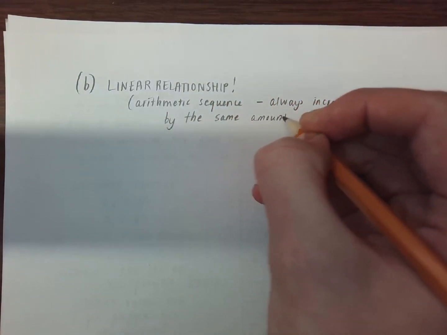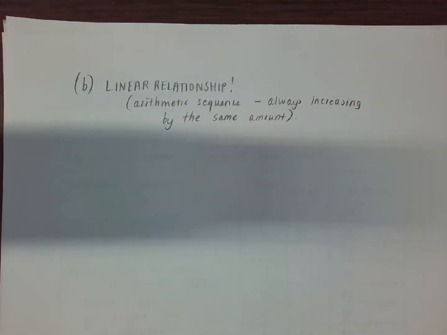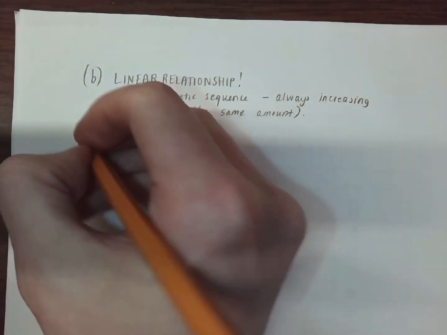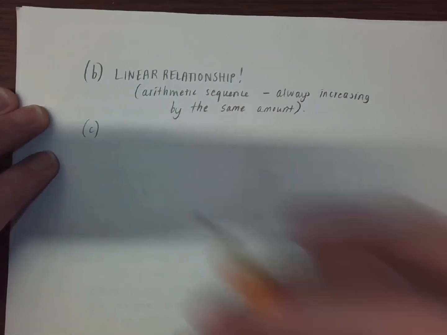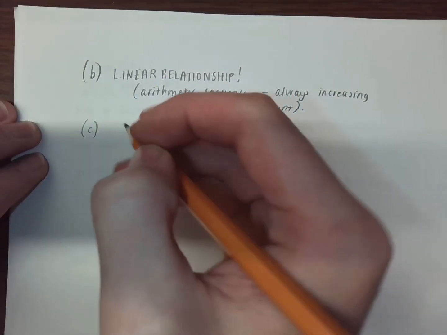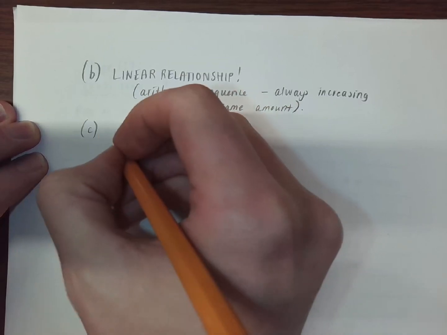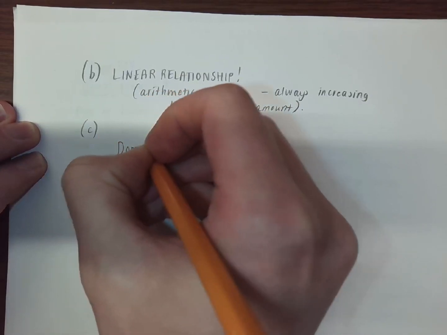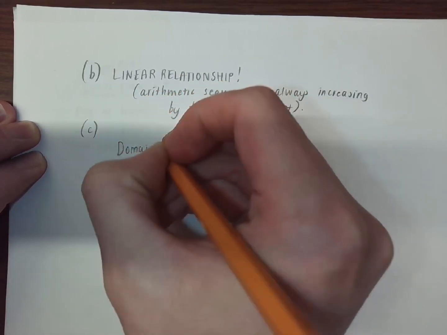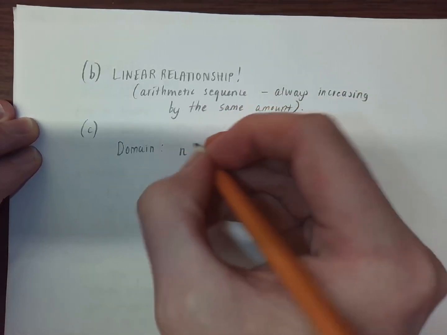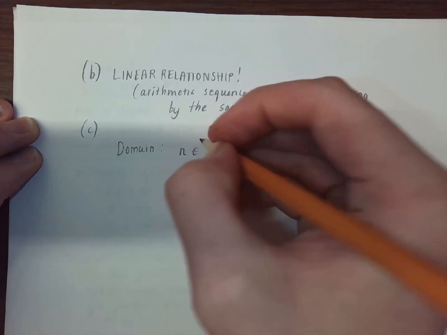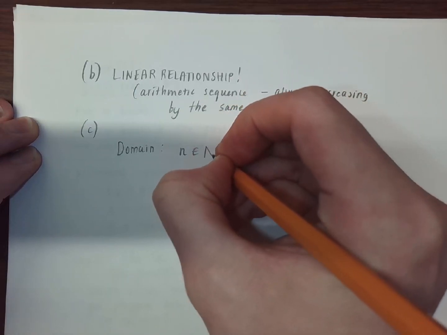The range, would the range be an arithmetic sequence? Well, here's the thing. The domain is just going to be where n is from the set of all natural numbers.